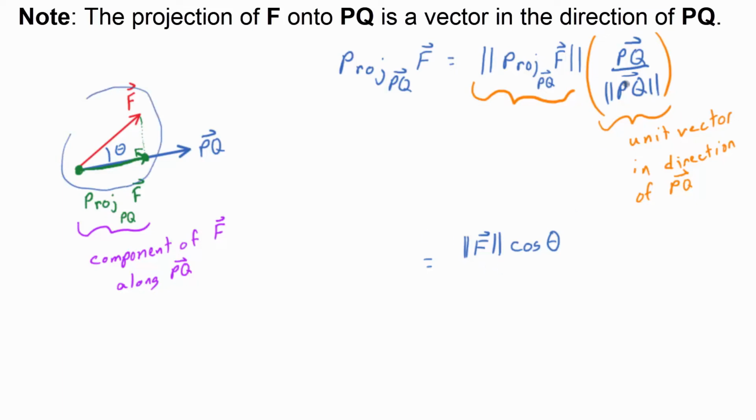And then we still have the PQ divided by its magnitude. Any questions there? Okay. Then I'll stick in the formula for the cosine of theta, and we'll get to where we want to go.